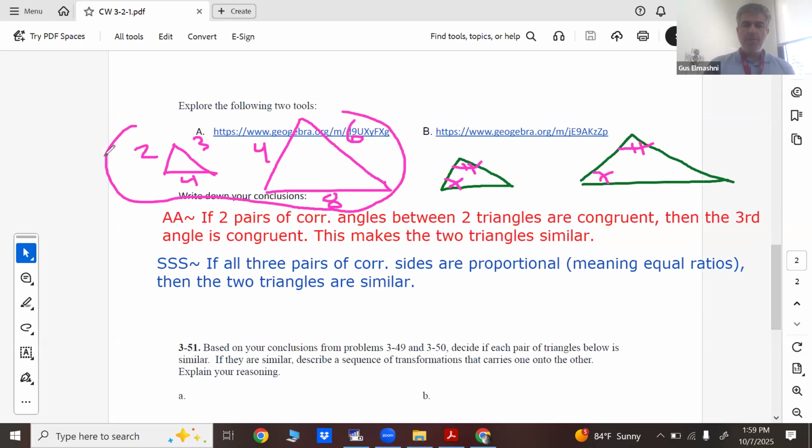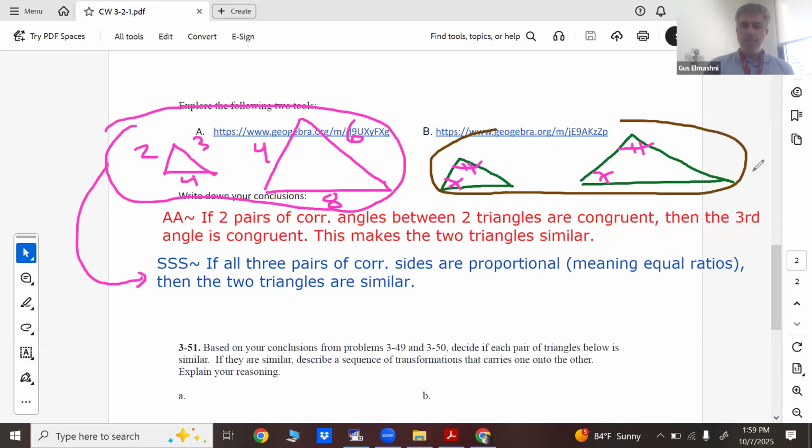So these would go with that, where this goes with this. Okay. So that's another, we call it a theorem. Another thing we can consider.